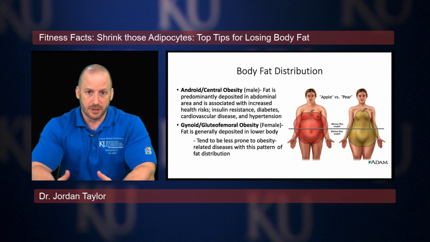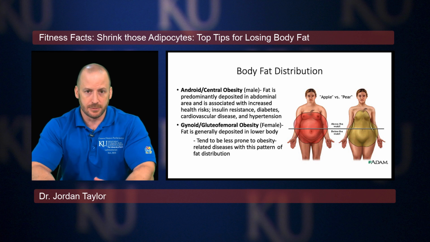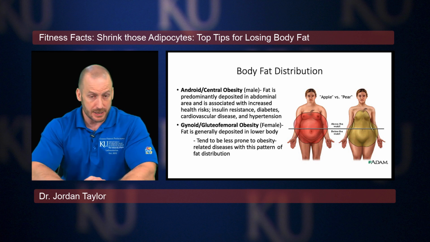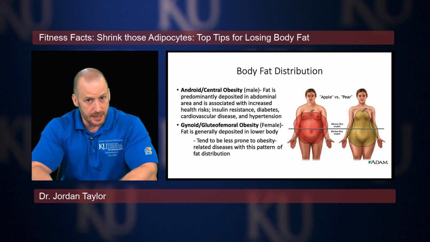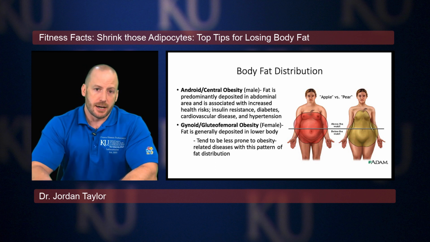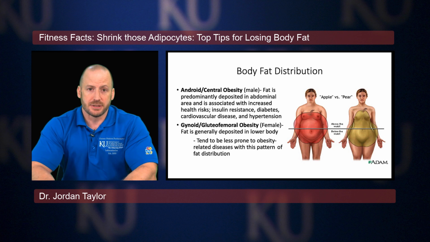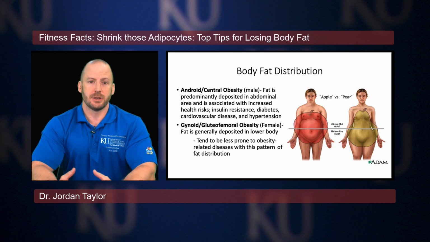That's called ectopic fat accumulation. That intra-abdominal fat inside the abdominal cavity behind the abdominal wall, that's what we don't want, okay? So that's associated with increased health risk, things like insulin resistance, which can lead to diabetes, cardiovascular disease, and high blood pressure.